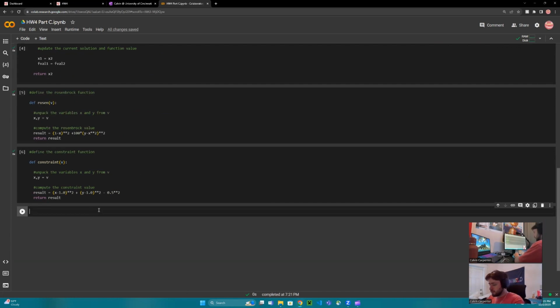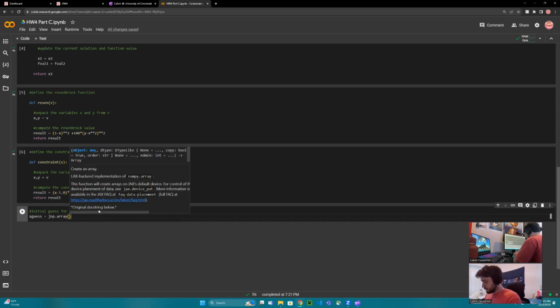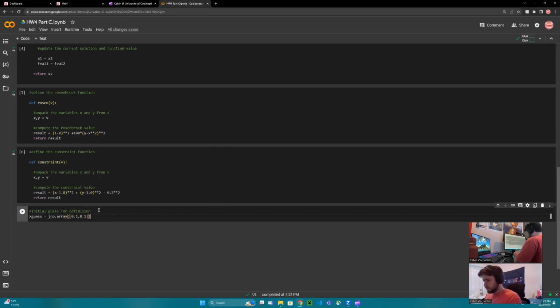Okay, so now this is the initial guess for the optimization, for our minimization. x guess is equal to JNP dot array 0.1, 0.1. Okay.